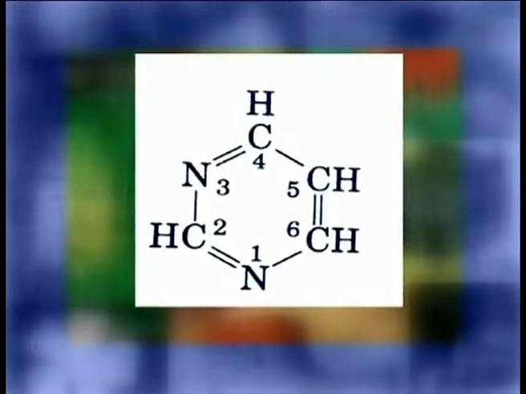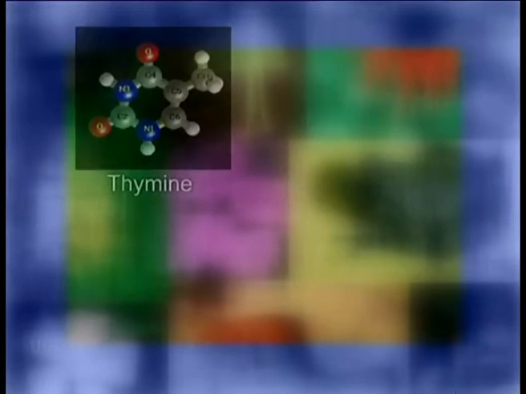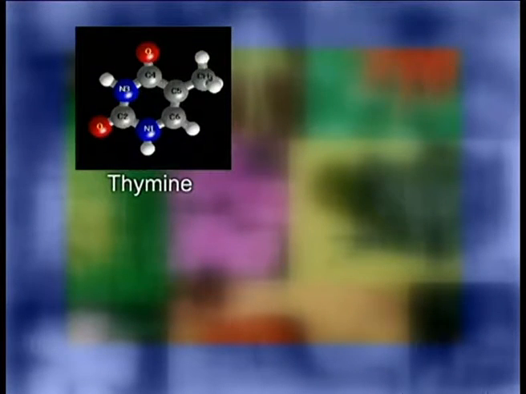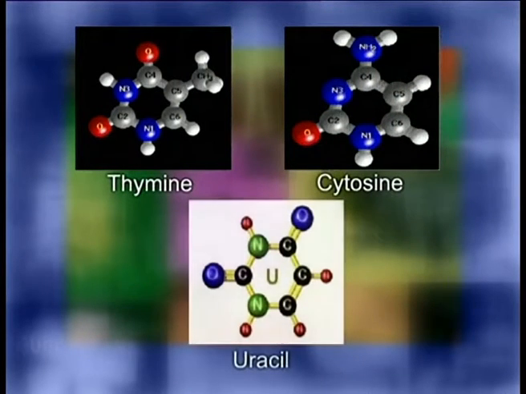The structure of pyrimidine reveals that it has a basic 6-member ring of benzene in which the carbon atoms at position 1 and 3 are replaced by nitrogen. Pyrimidines are of three types: 1, thymine, 2, cytosine, and 3, uracil.